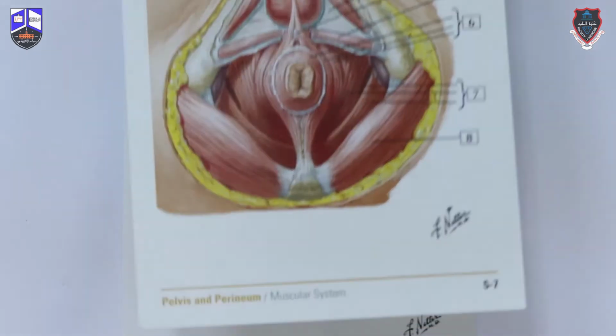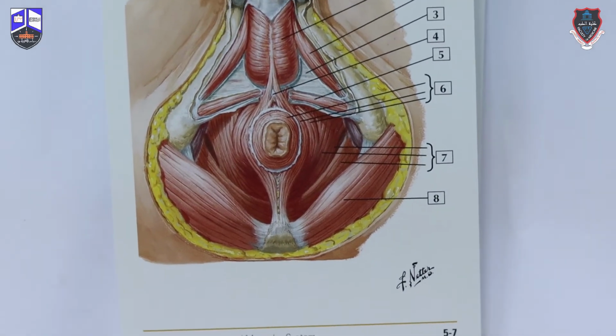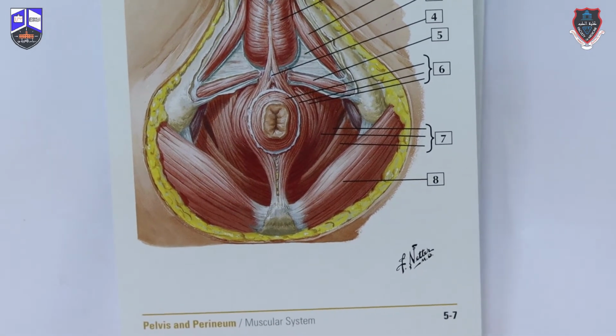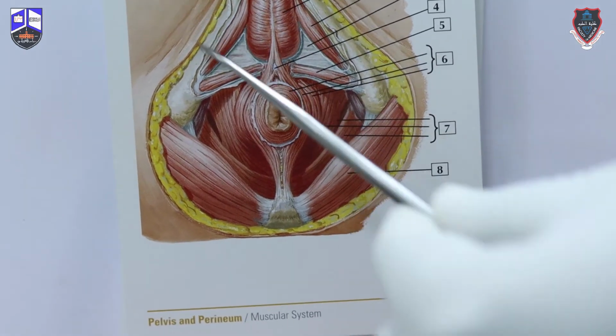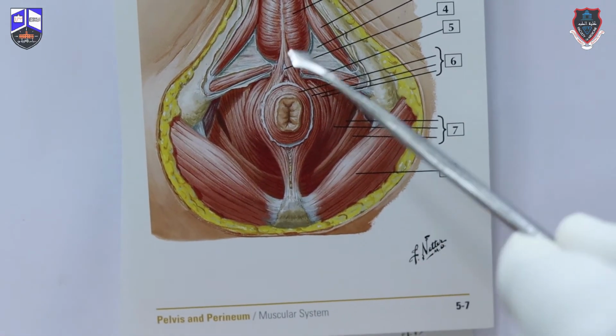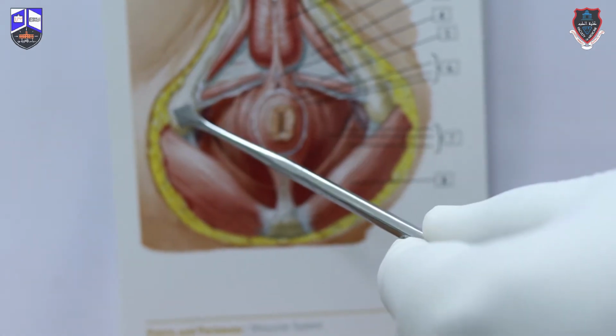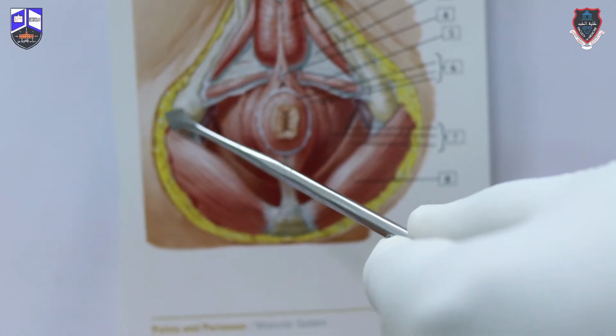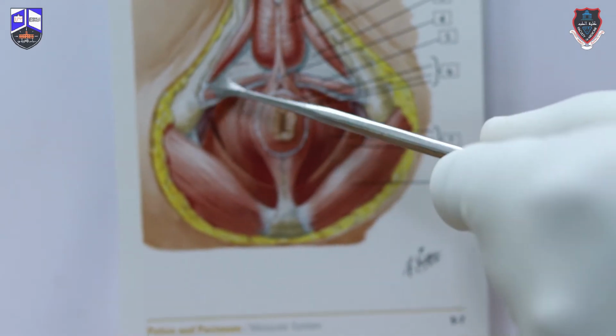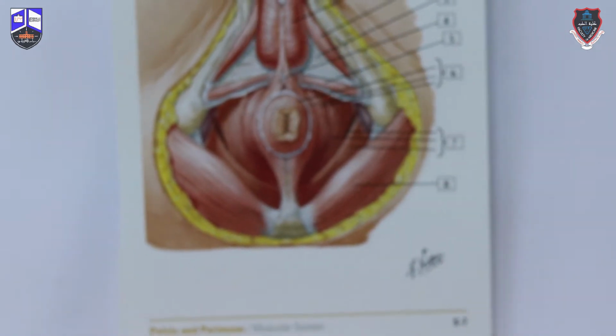image or photo of Netter's Atlas, and in this one you can find the male external genitalia. This area here is the fatty layer of the superficial fascia, and the other is the membranous layer.